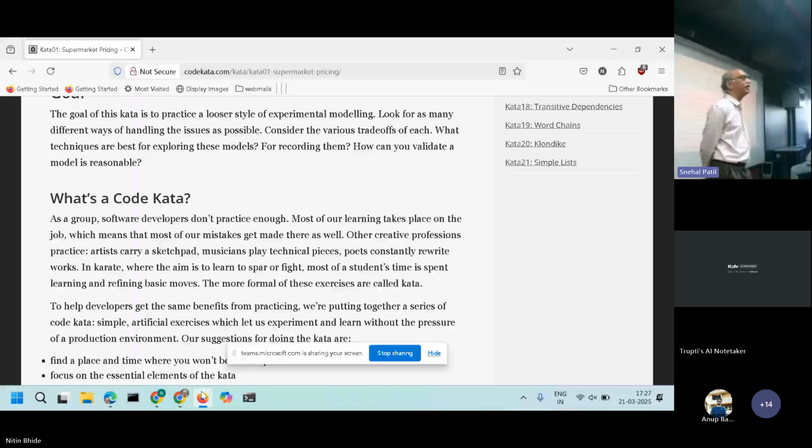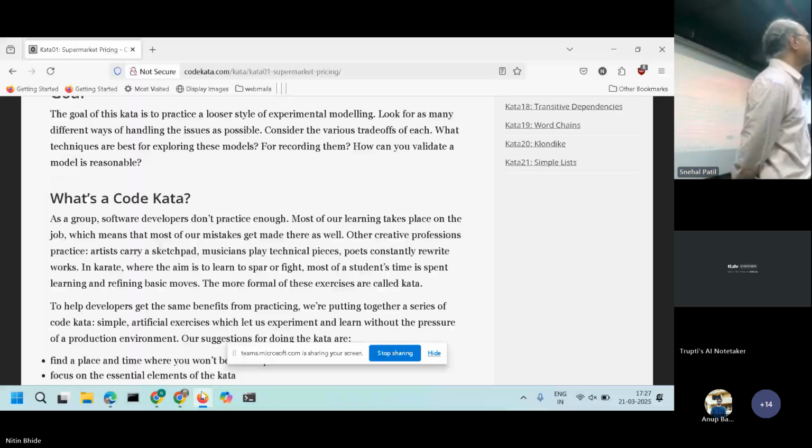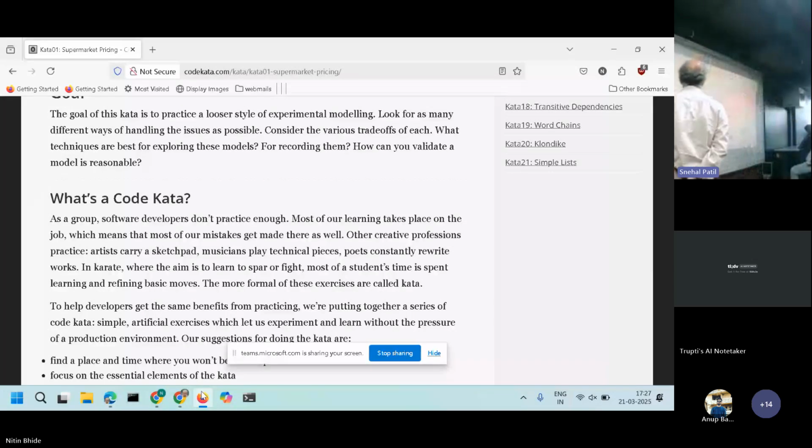Now, if I create a table per class, is that a good idea? Because I may have 25, 30, 40 different categories, and that many tables will get created.